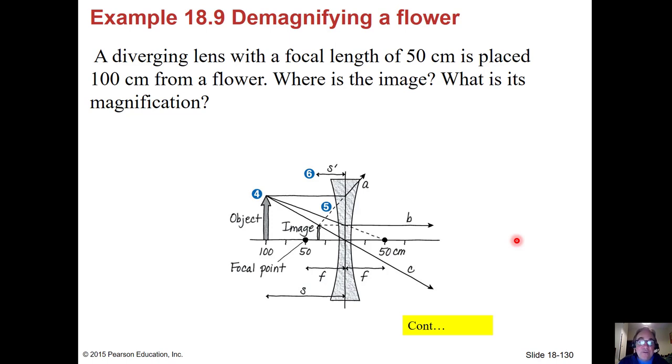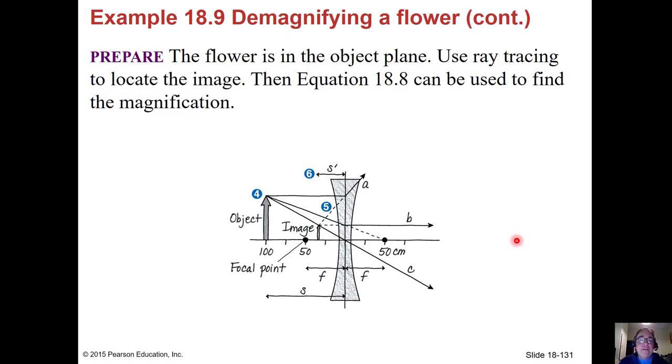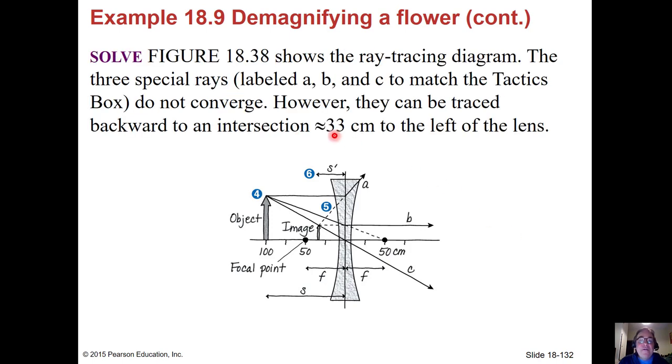If you carefully measure that, it's about 33. That's this distance. Again, if you measured it carefully, you could see that a little bit better. So that's S prime. We know S is 100. The magnitude of S prime is 33.